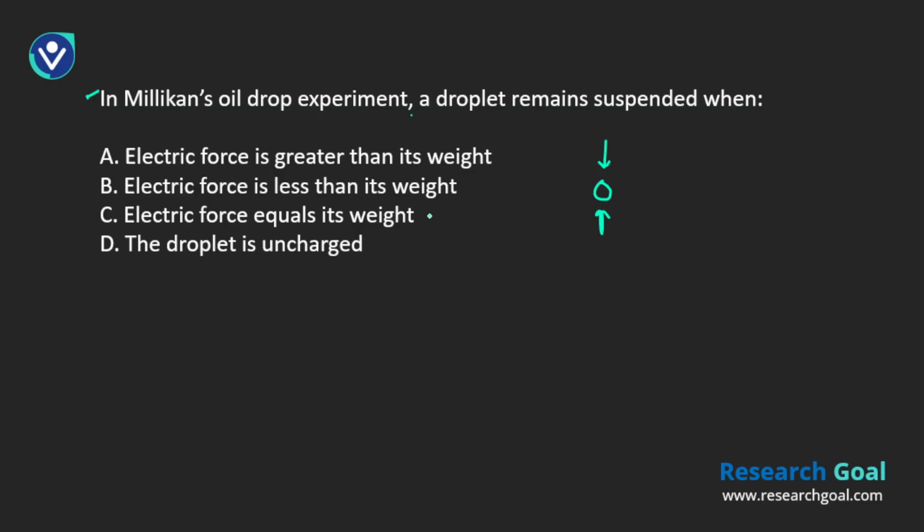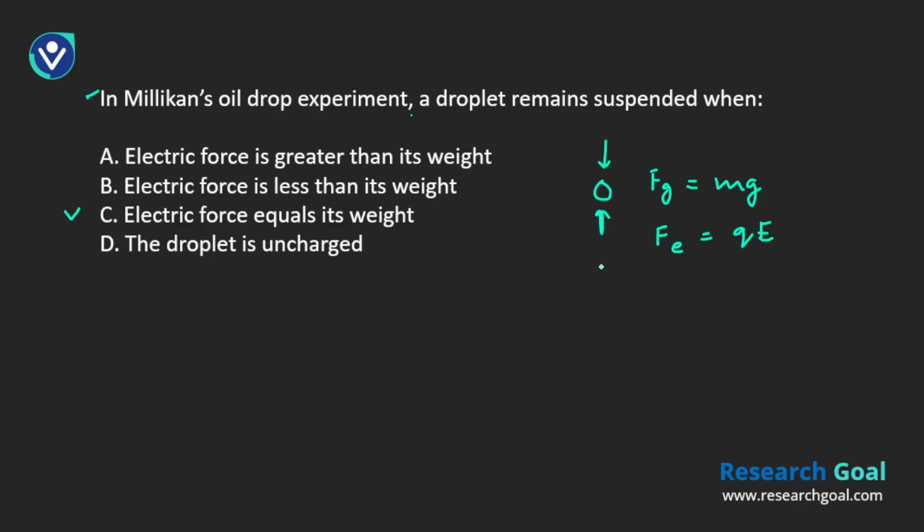Option C is correct in this case, which is electric force equals its weight, because then the droplet is going to remain suspended in air. It's not going to move. It's a wonderful experiment, right? You can stop the oil droplets by applying a particular balanced electric force. One force acting on this is mg. Another force acting is Fe, which is QE.